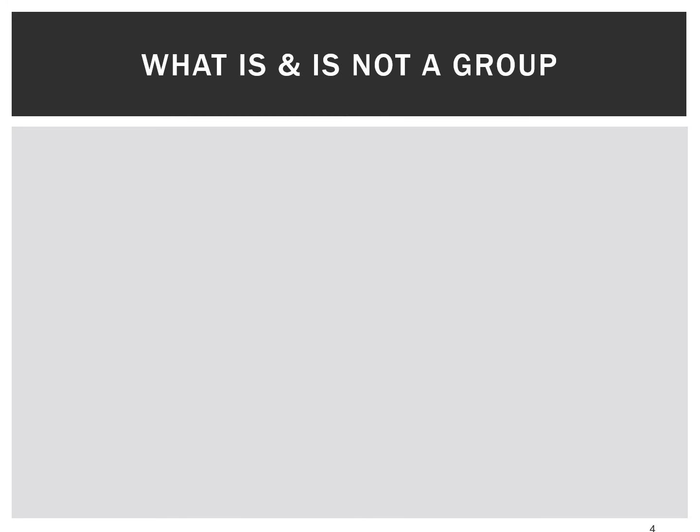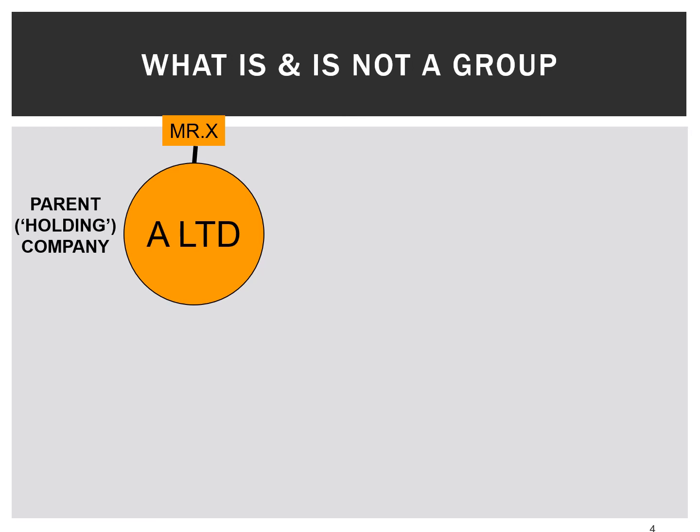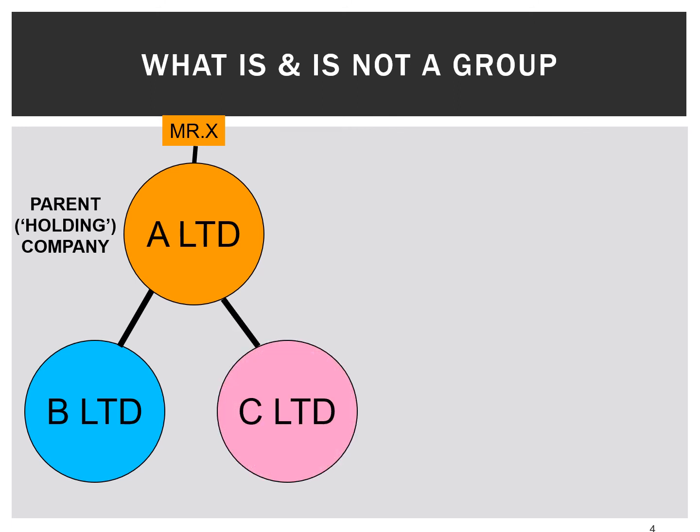Now there's just one thing we need to be clear about as far as groups are concerned. Here we've got Mr. X with shares that he owns directly in A Limited. That's the parent, or sometimes referred to as the holding company of the group, and that company in turn holds all of the shares in B Limited and in C Limited, and those two companies are referred to as the subsidiary companies.